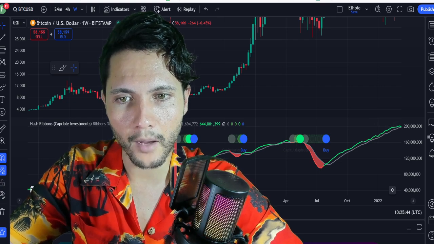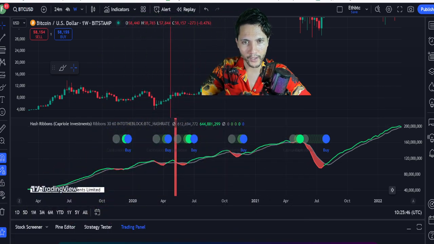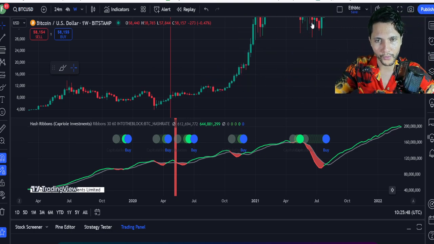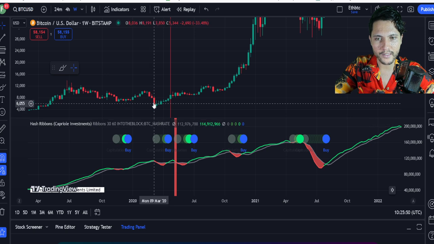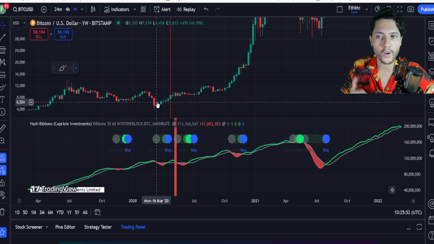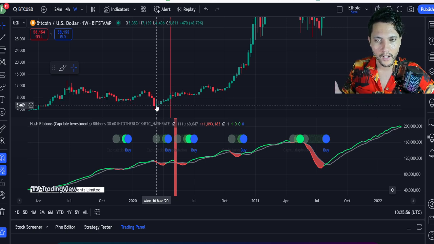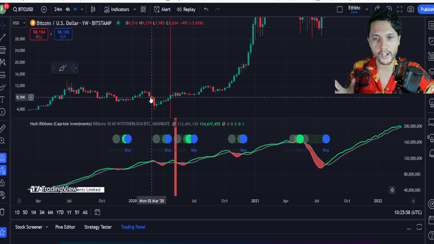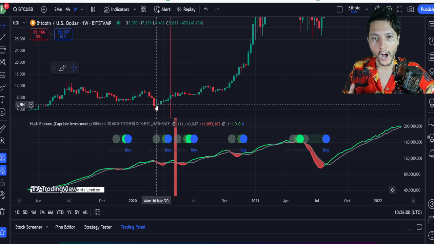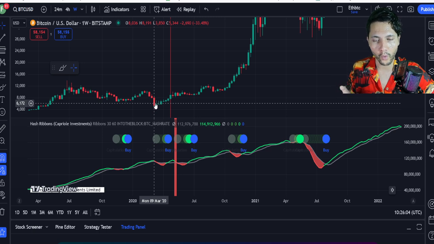When you see these mining capitulations happen with these little gray circles, what you're seeing is the price has gone down. It's just gone down because it's gone down, right? There's no specific reason why it's gone down, but because it's gone down so suddenly, it's caused a number of people who are mining Bitcoin to basically be forced to switch off their mining rigs, right?